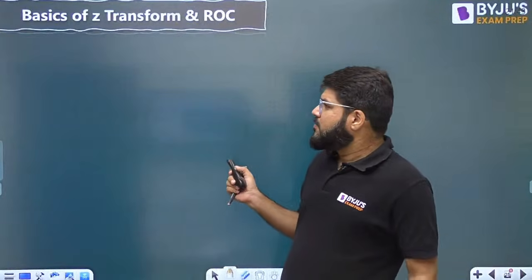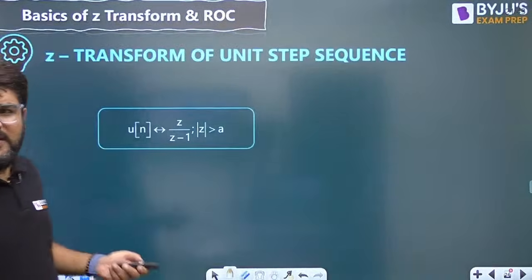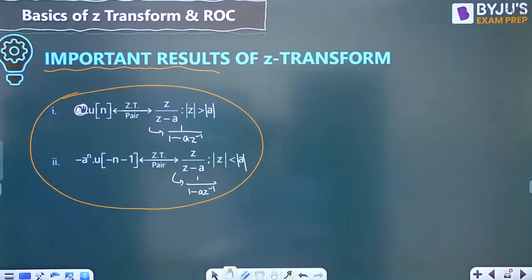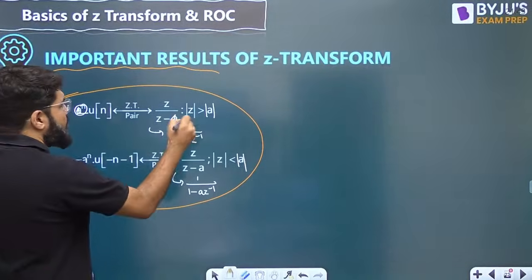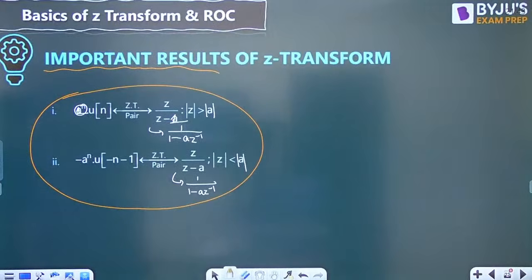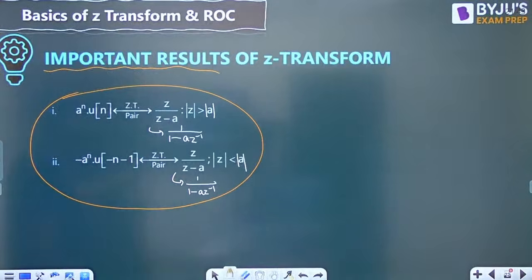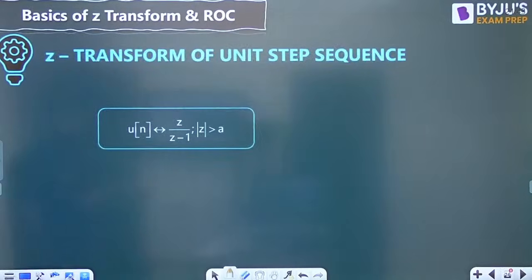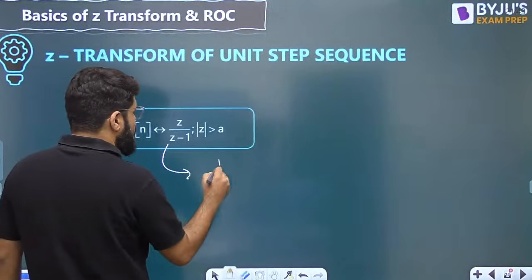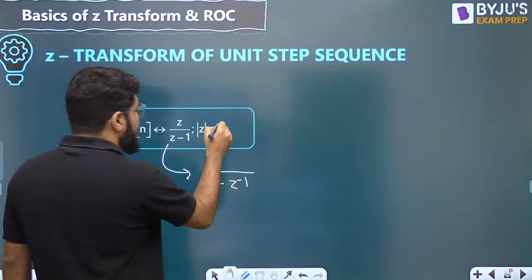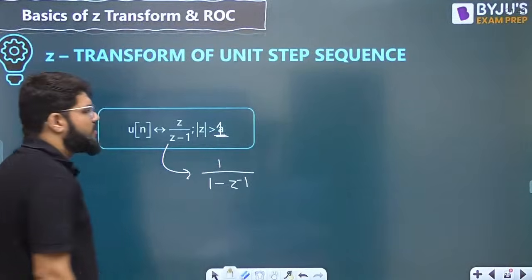Now let's look at the unit step too. Unit step is very simple. In a power n, simply take a equal to 1. If you take a equal to 1, this becomes Z upon Z minus 1, or also 1 upon 1 minus a Z inverse with the value of a as 1, for modulus of Z greater than 1.